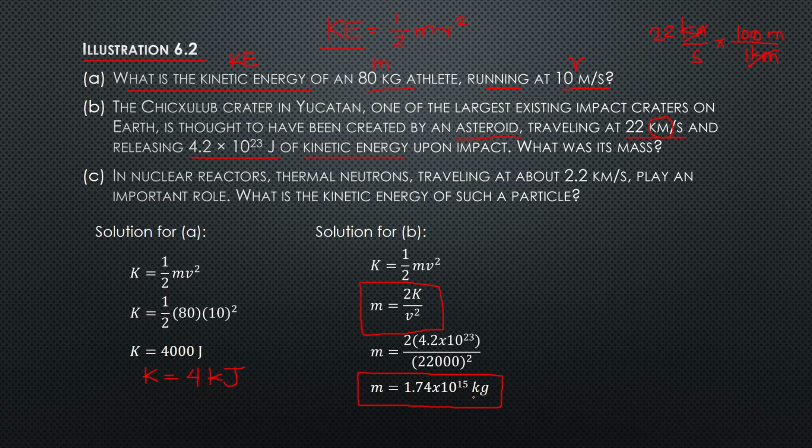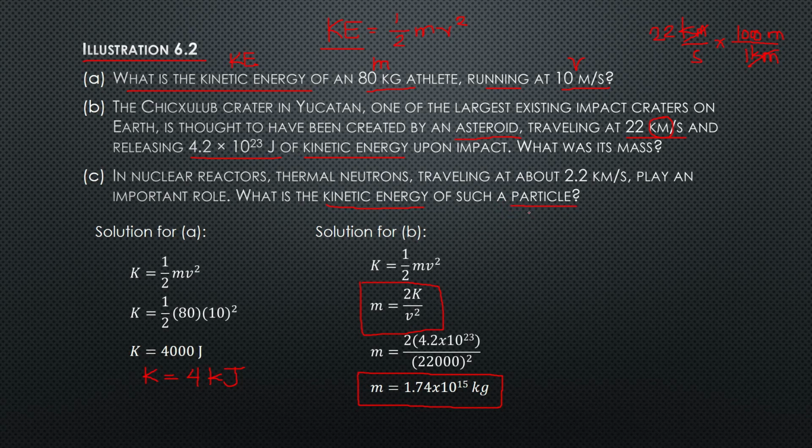Now for letter C. In nuclear reactors, thermal neutrons traveling at about 2.2 kilometers per second play an important role. What is the kinetic energy of such a particle? You know the formula is 1/2 mv squared. Now what is the particle?